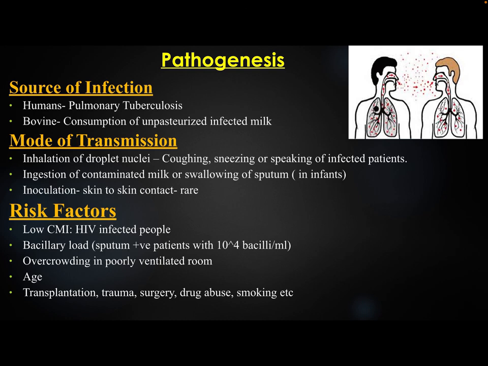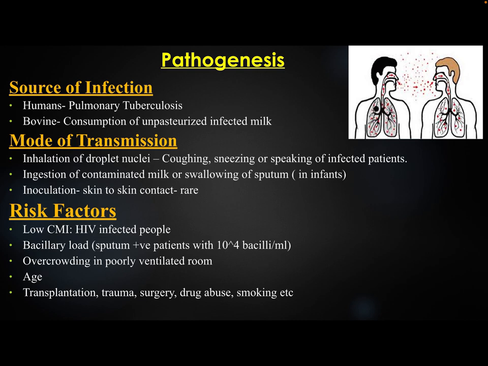Coming to our topic, the pathogenesis of pulmonary tuberculosis. The source of this infection is humans, and for humans the disease condition is pulmonary tuberculosis, and bovine tuberculosis is due to the consumption of unpasteurized infected milk.